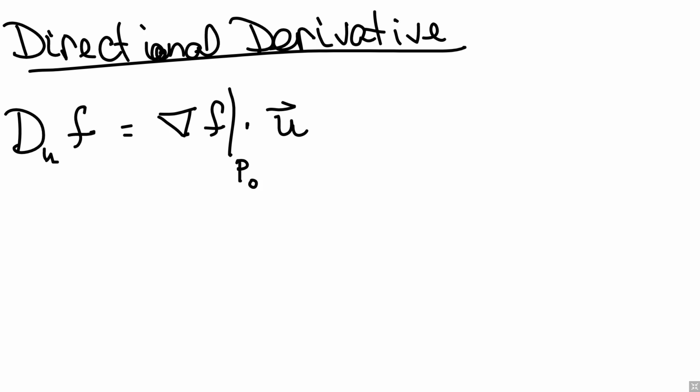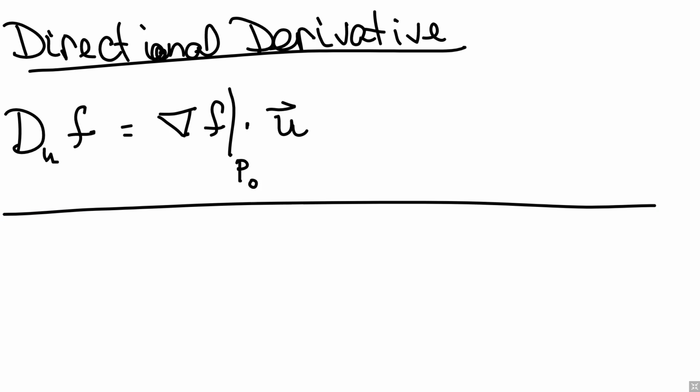All right, so what we're going to do is take a look at some examples to show you how this is going to work. So the first example we're going to take a look at is this.